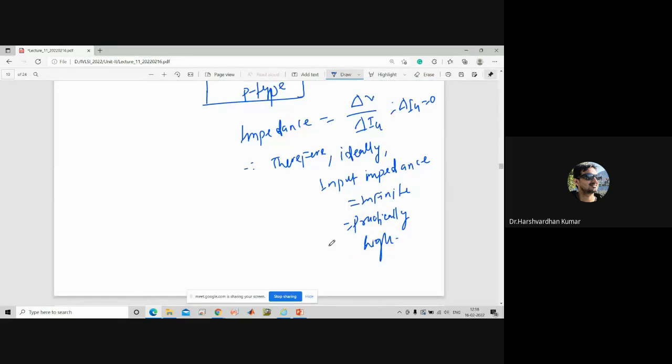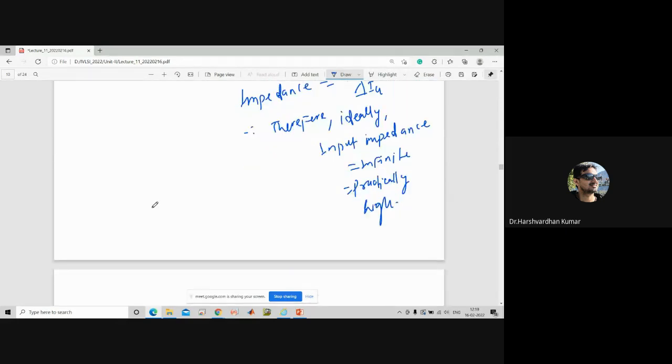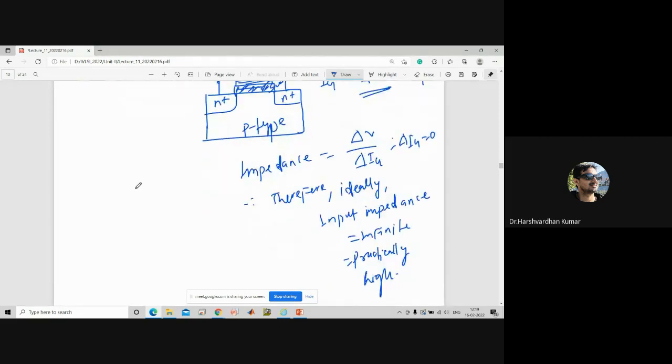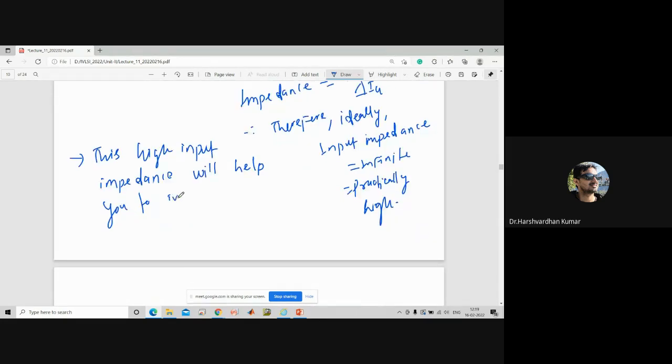Now, because of this high input impedance, it will help you to improve the fan out. So what do you understand by the term fan out?